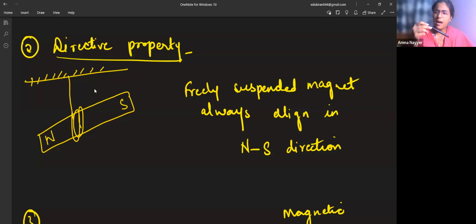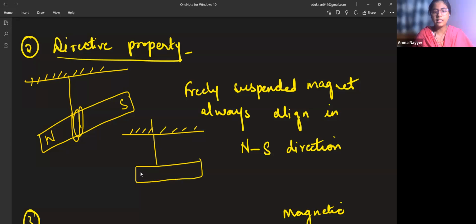But after a while, I'll notice that it aligns itself in the north to south direction by itself. As I move the thread, slowly I will see it arranging itself. So it has a directive property: from this position, it will arrange itself like this, in the north to south direction. So a freely suspended magnet always aligns in the north to south direction.